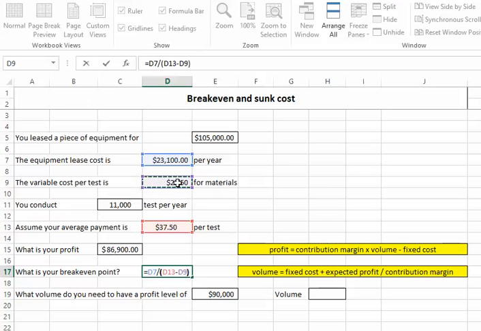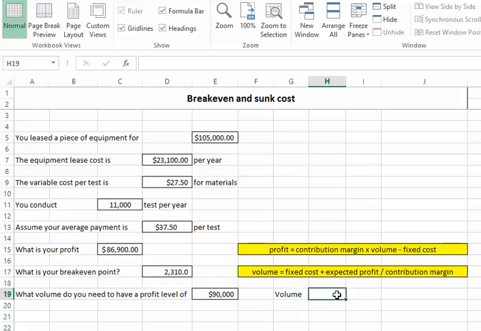We close the parenthesis, and what this says is that our break-even point is 2,310 units. So it looks like we're doing pretty good. We're doing 11,000 units per year, but in fact our break-even point is only 2,310 units.